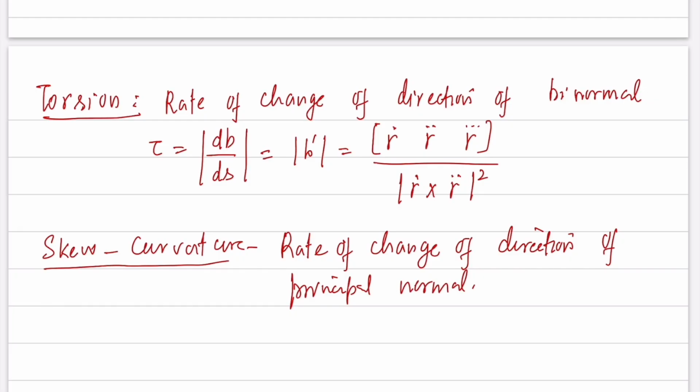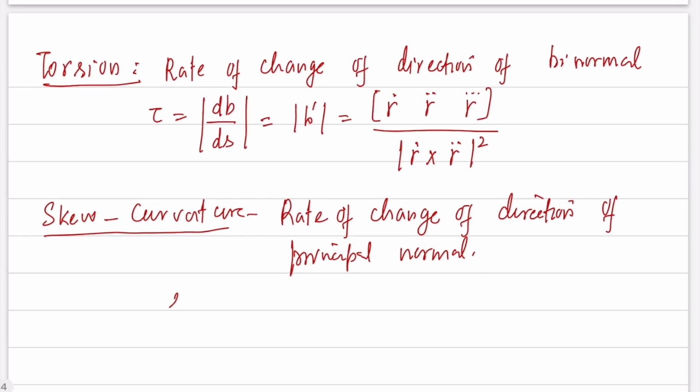It is denoted by S, and defined as the square root of kappa square plus tau square. So using the curvature and the torsion, we can easily compute the skew curvature, or we can express this as S square equals kappa square plus tau square.